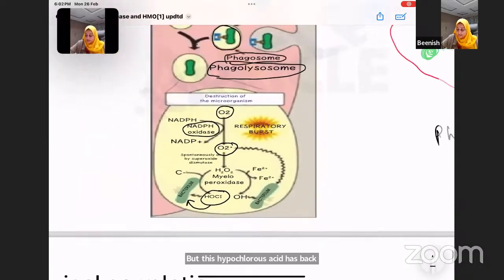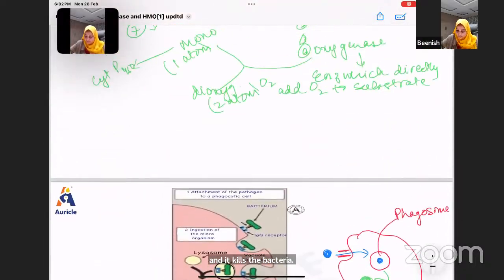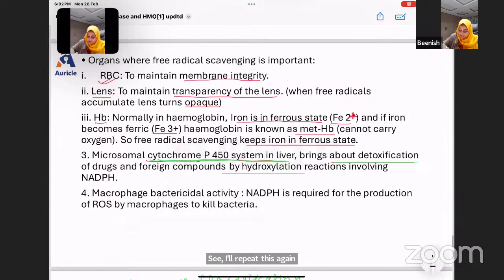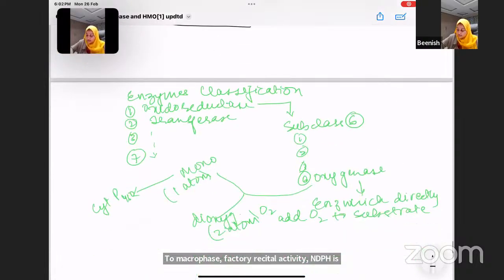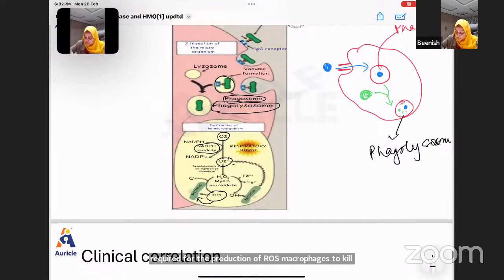See, I'll repeat this again. For macrophage bactericidal activity, NADPH is required for the production of ROS, which macrophages use to kill bacteria. This superoxide which was formed here is your ROS, that is, reactive oxygen species. How was it involved in killing the bacteria?